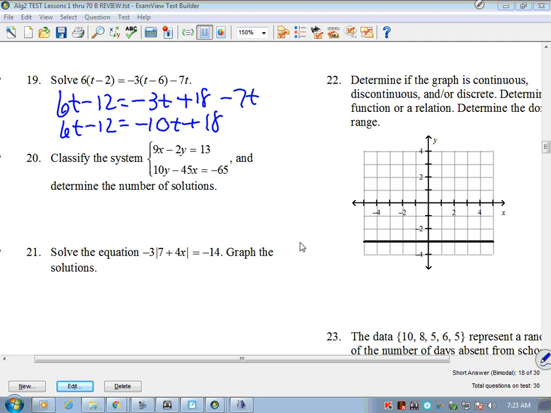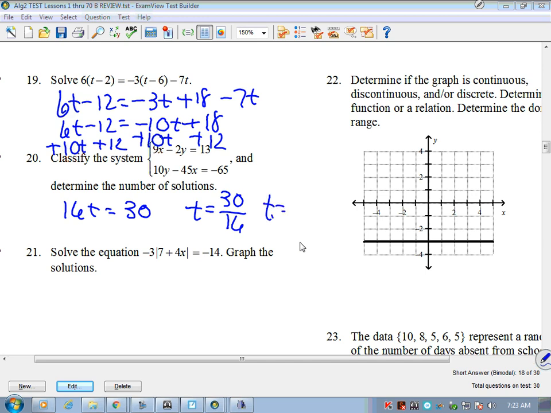Okay, combine like terms. I would add the 10t. I would add the 12. Okay, so it's going to give you 16t equals what looks to me like 30. So t equals 30 over 16. Looks like all of that can reduce. That could be 15 over 8. I believe that's our answer. And it is. That's number 19.